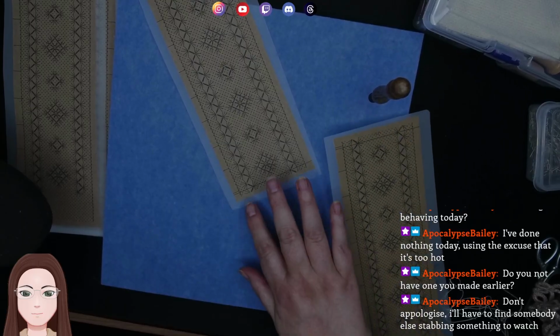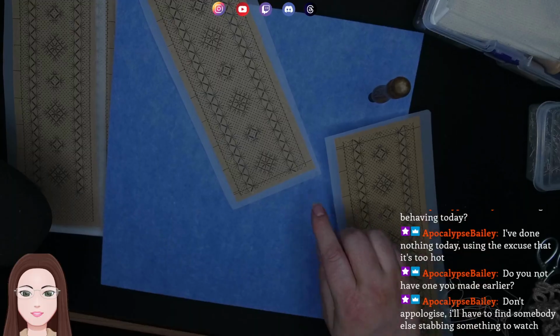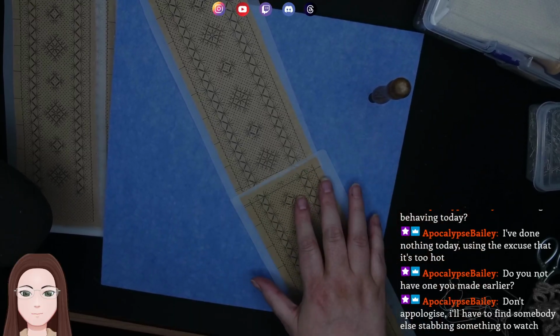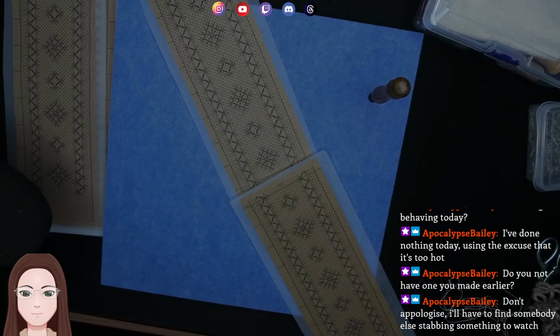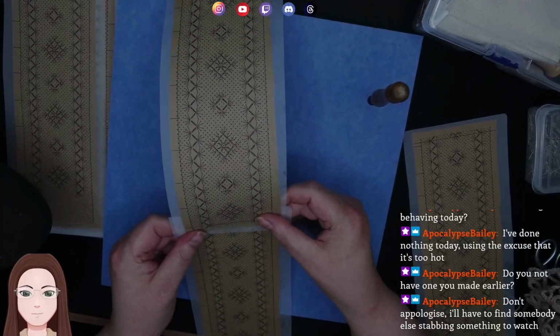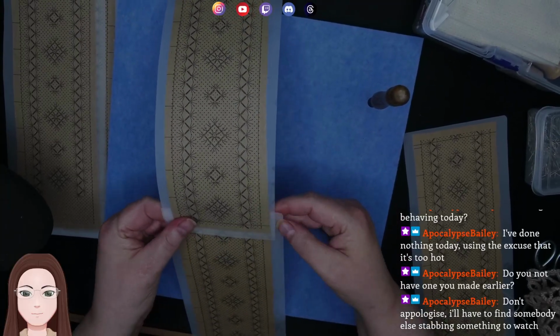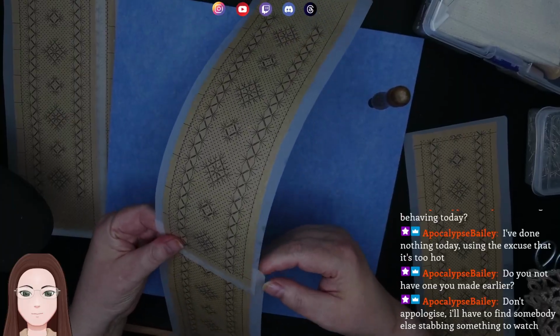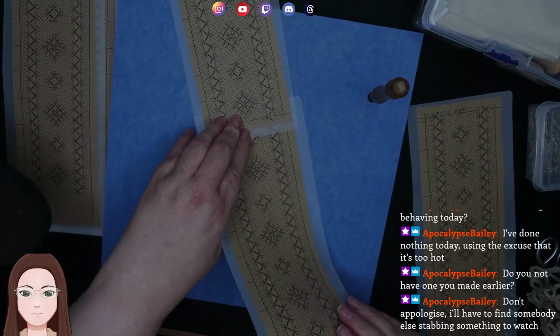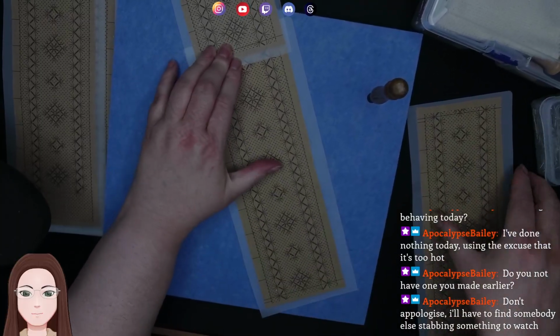But if I stab it right, the stabbings can go through the transparent ear bit. So this goes here, making sure it's level, and the next one goes down at the bottom in the same way.